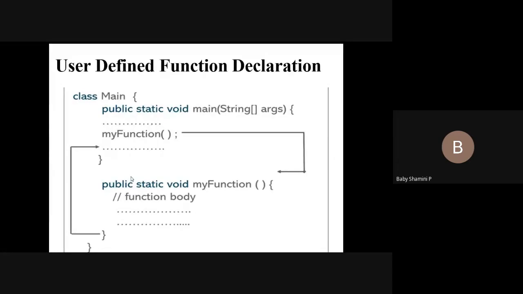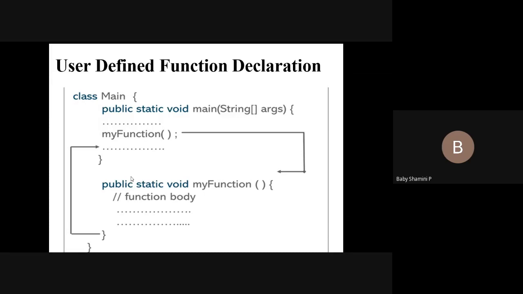First one is class, that is a keyword, followed by the class name. Next one is the main method, that is public static void main string args. In this main method, we must declare a function call statement, that is myFunction semicolon. That is a function call statement.